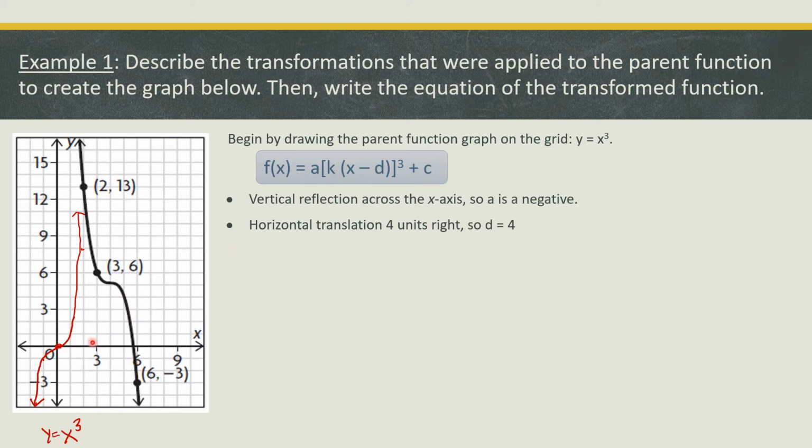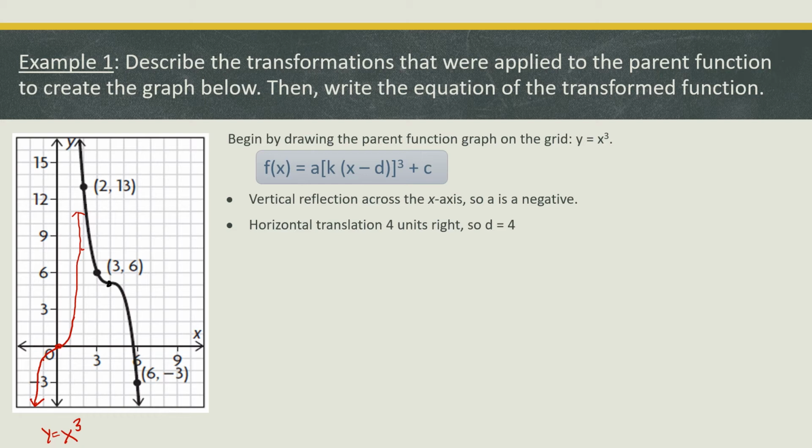The next one, see this vertex point at 0 is now here. So I'm going to put a dot right there, in black. This is where our new center point, or vertex, is. That tells me what my D and C values are going to be.